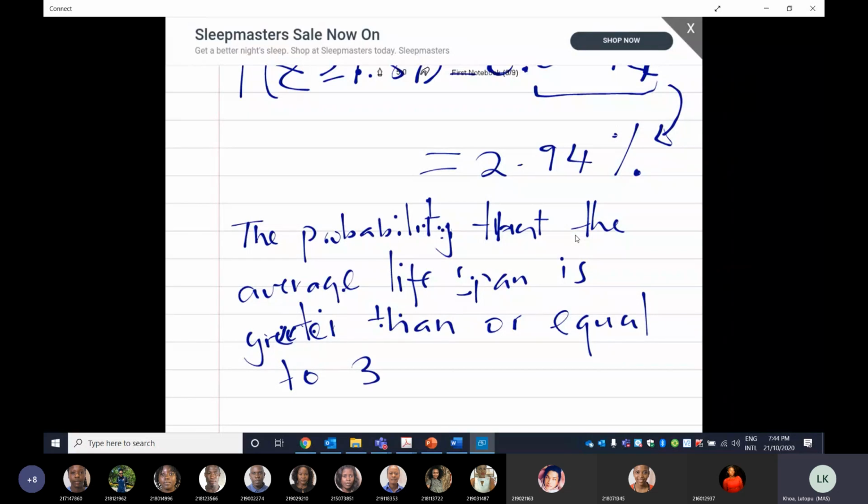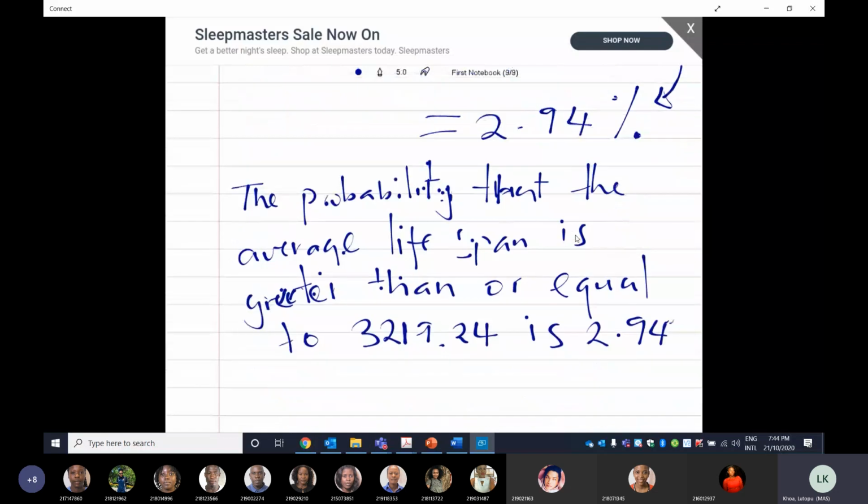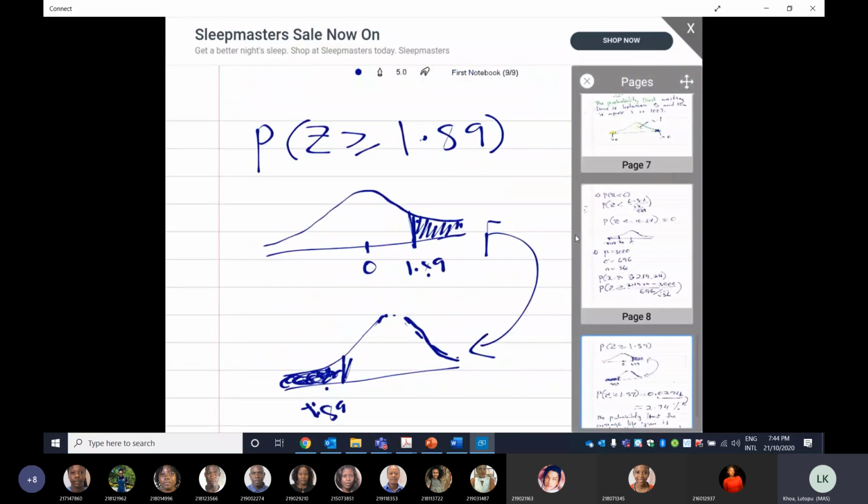So I'm not going to write 1.89. I say 3219.24 is 2.94%. Or I could, there's a percent over there I'm trying to fit in. It just does not want to go through, but there's a percent there.